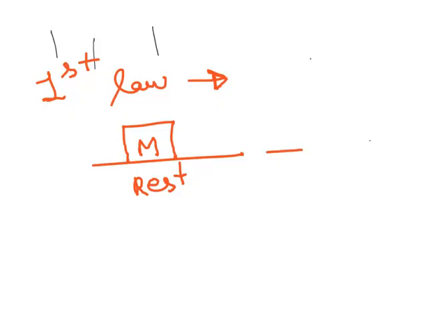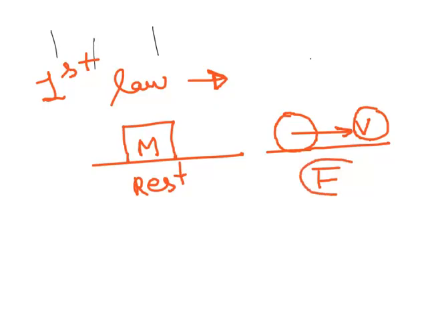Now in the second part of this law, let's see this is a wheel and this wheel is moving with constant velocity v, uniform velocity v. So this wheel will continue to move with this constant velocity v until it is acted on by some external force.